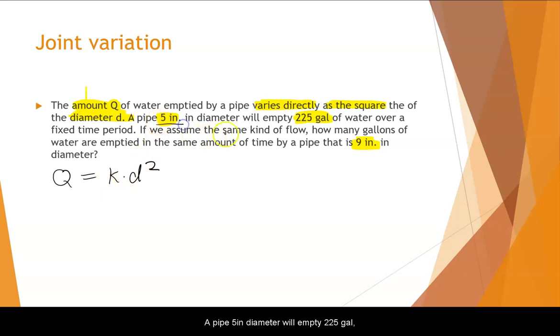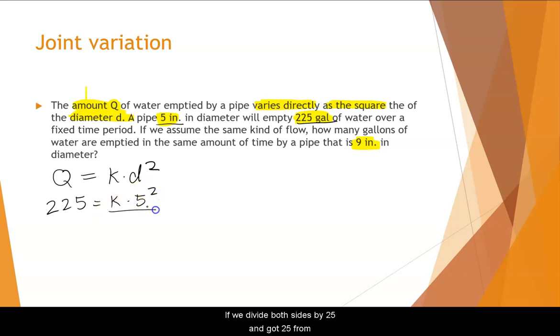A pipe 5 inches in diameter will empty 225 gallons. We're going to plug that information in to find k. So 225 equals k times 5 squared. If we divide both sides by 25, and I got 25 from 5 squared, 9 equals k.